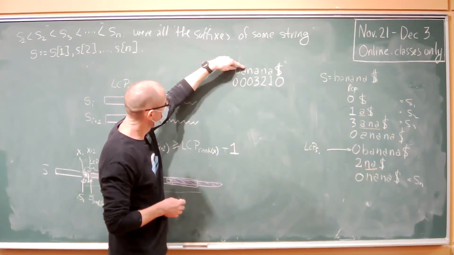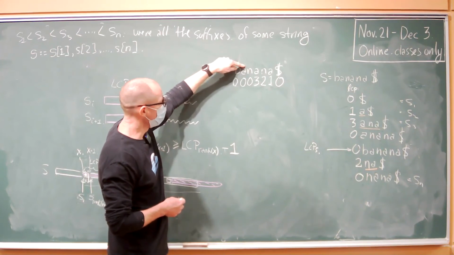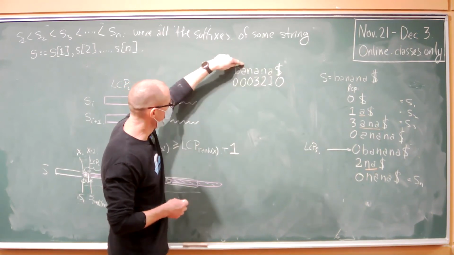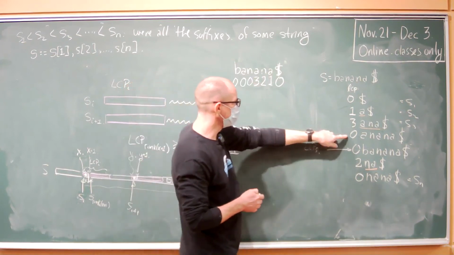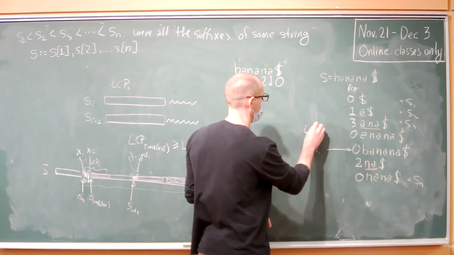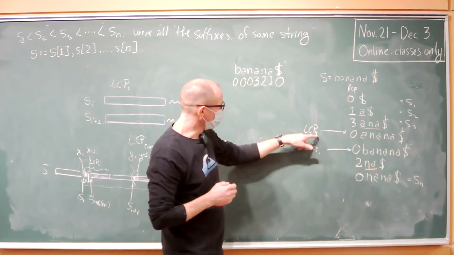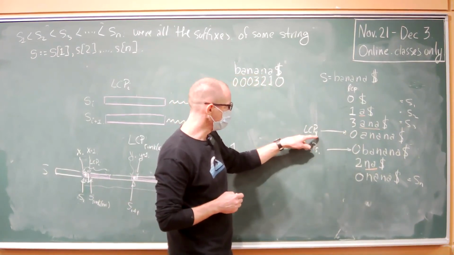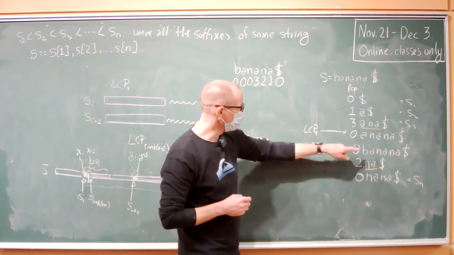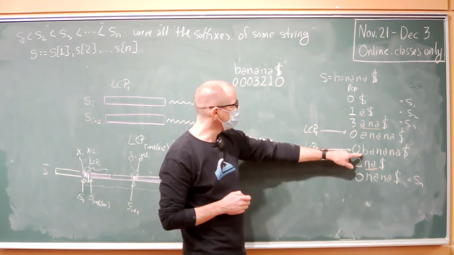Next comes this thing. I use the rank array, so this is anana. I use the rank array to see that that's here. I see it's at position 4. So this is position 4 in the suffix array. I'm interested in comparing it to position 5 in the suffix array.